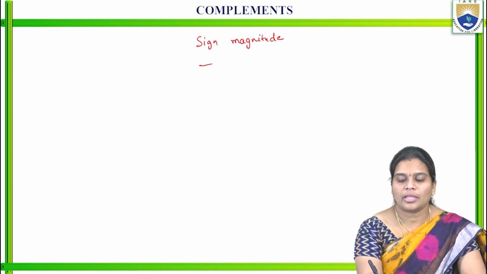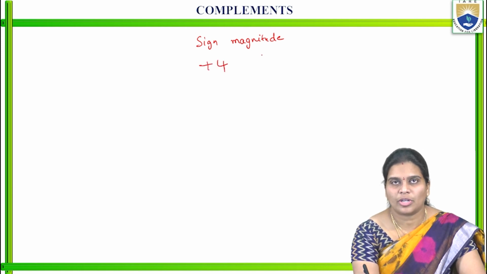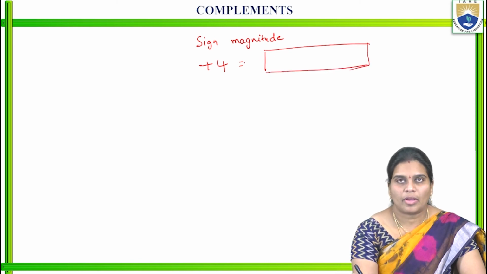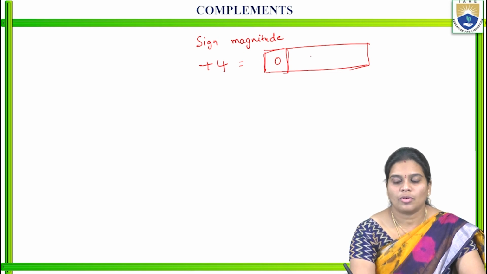So if you are taking any value, for example plus 4. In this plus 4, the MSB bit is represented as the sign. Plus is 0. So in this 4, here I am taking the 4 bit of that number, 0 1 0 0.